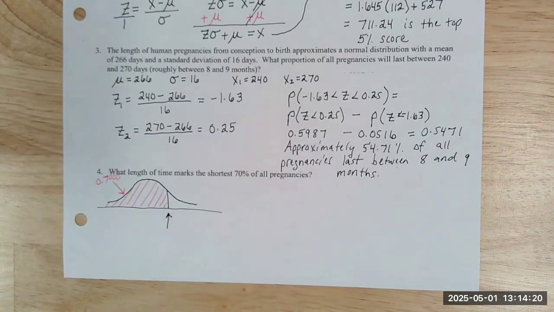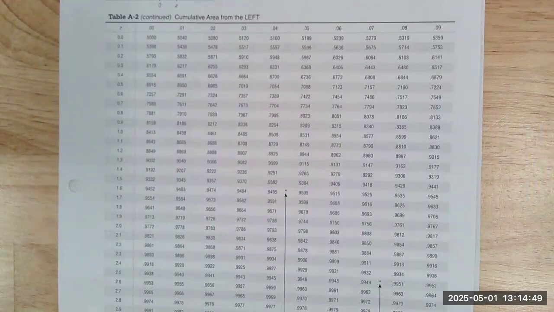So what I drew is I filled in 70%. That's what I figured 70% looks like. It's probably not perfect, but I figured this is what 70% of this chart looks like. So 70% is 0.7000 if we were to look on the table. So I'm looking for what z-score goes with 0.7000. 0.7 is probably not perfectly on there.